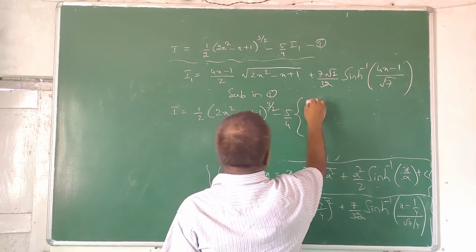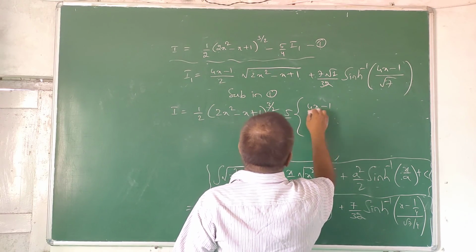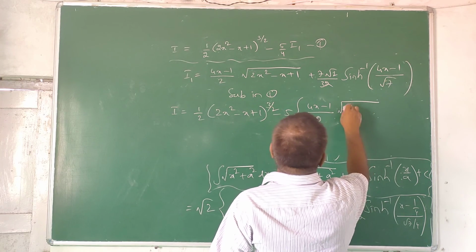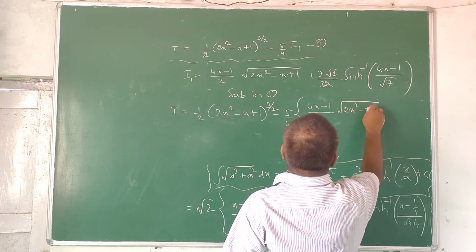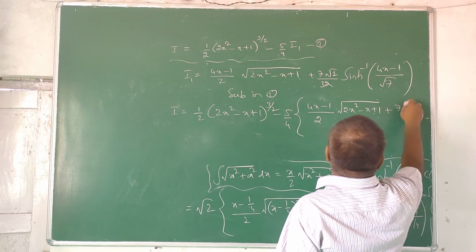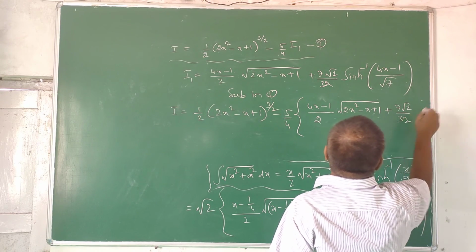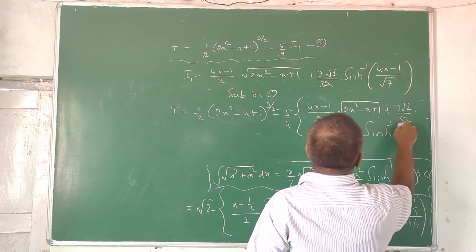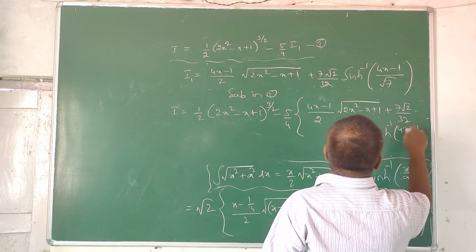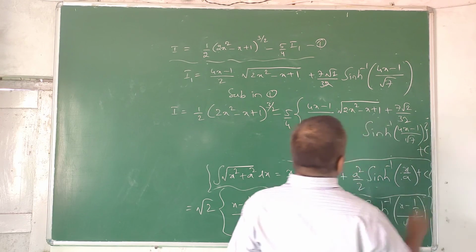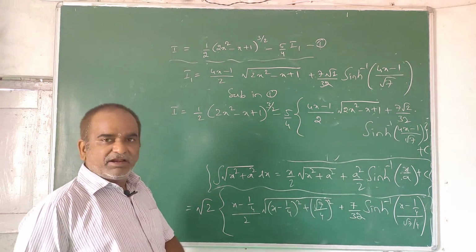So I1 is 4x minus 1 by 2 into root over 2x square minus x plus 1 plus 7 root 2 by 32 into, of course I don't have place, I am writing here, sin h inverse 4x minus 1 by root 7. Now you can close the bracket and plus c. Right?